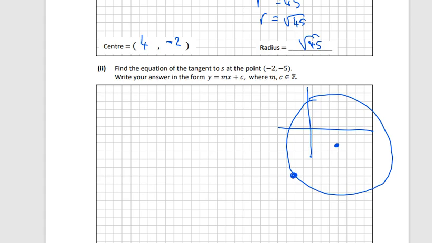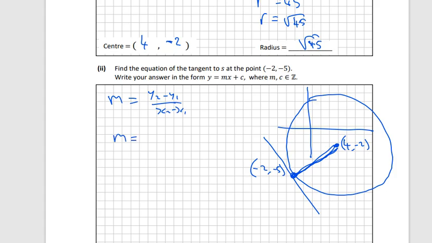Right, so what we're going to do is get the slope of that line, and then flip and change the sign, and it'll give us the slope of the line perpendicular. We know that point is 4, minus 2, and this point down here is minus 2, minus 5. So I'm going to get the slope using those 2 points. The slope formula is y2 minus y1 over x2 minus x1.